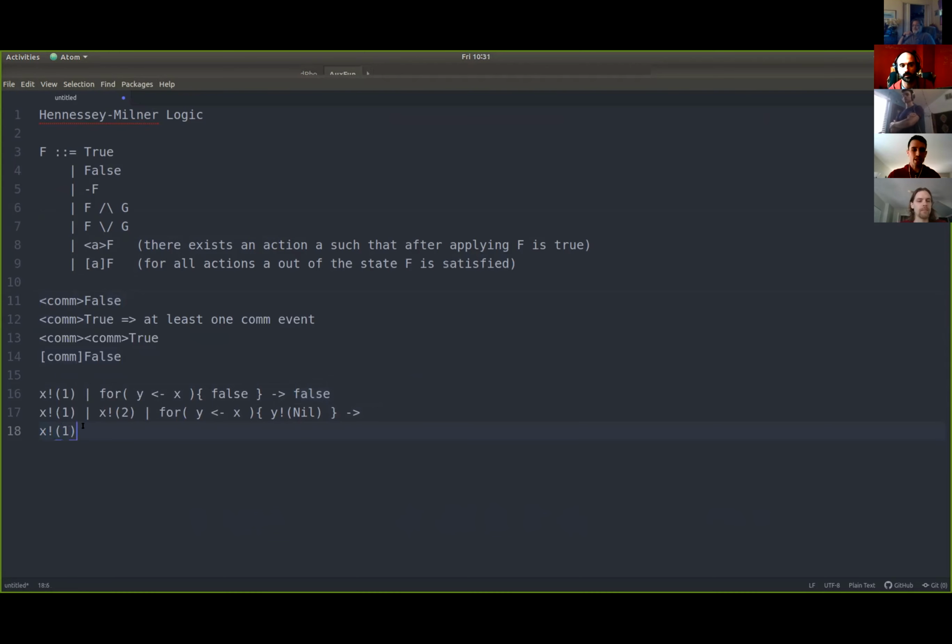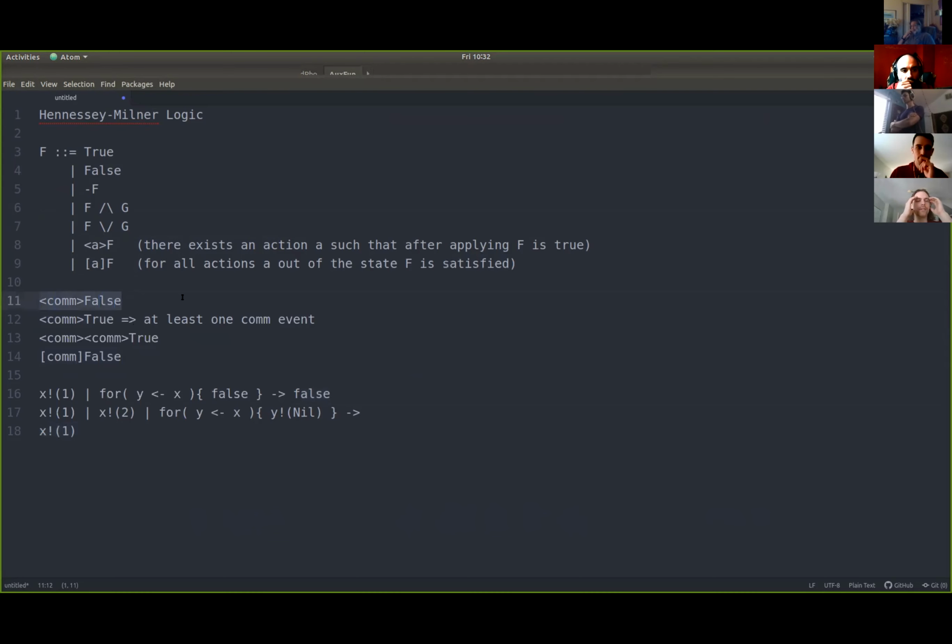Yeah, exactly. So here's a term that doesn't even have a COM event, so it just trivially satisfies this formula. Does it satisfy the first one? Should this send on one satisfy the first formula?